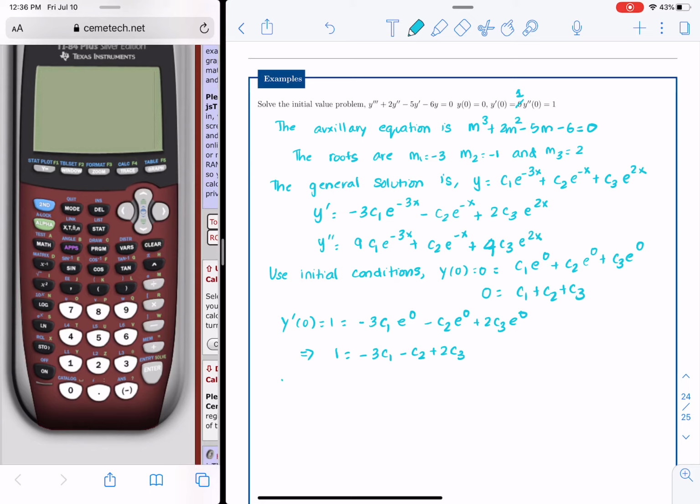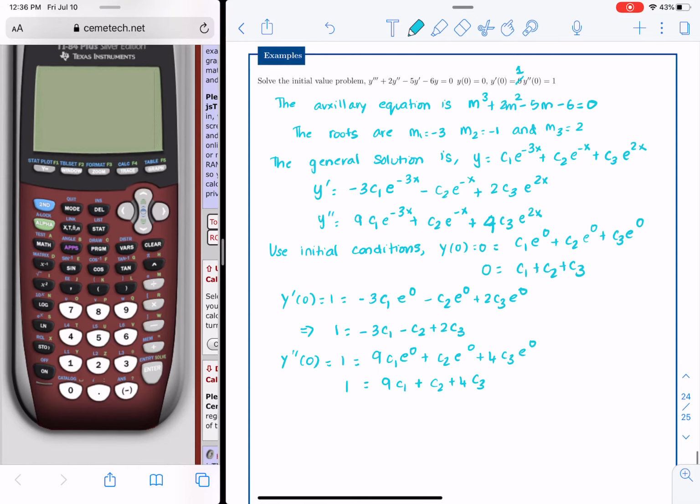And the last equation, y double prime of 0 is 1. So we would have 9c1 e raised 0 plus c2 e raised 0 plus 4c3 e raised 0. So we end up getting 9c1 plus c2 plus 4c3 equals 1.